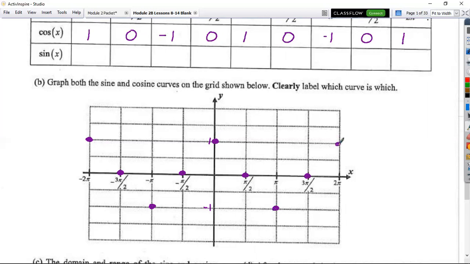This is a standard cosine curve with just an amplitude of 1. Try not to make it pointy. A smooth curve. And this first one is cos of x.